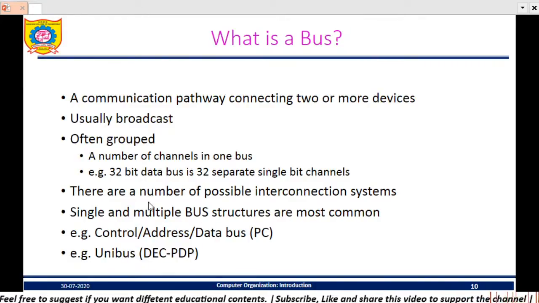Nowadays multi-bus architecture is used because multiple processors work in parallel or in synchronization. So control, address and data buses are the internal buses, and unibus is mostly used in PDPs.